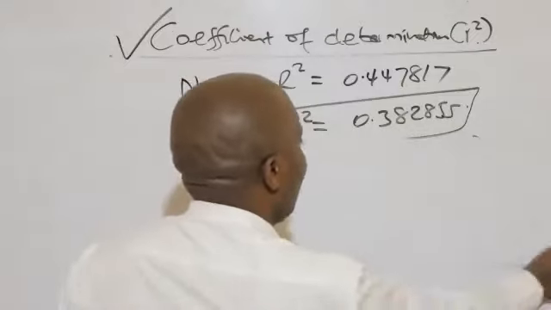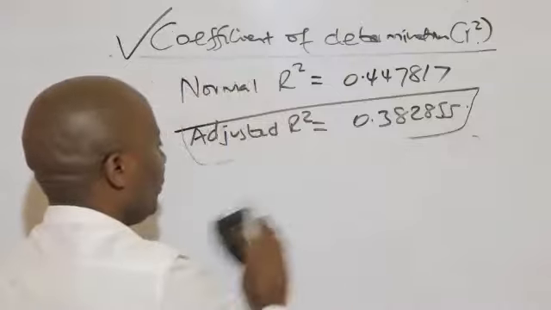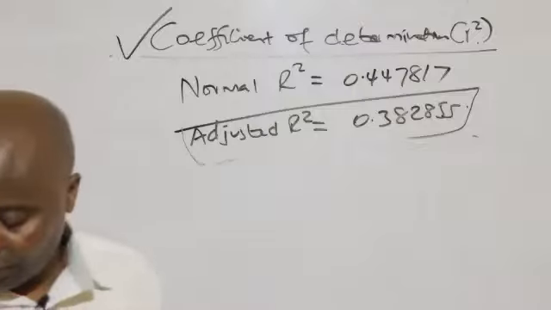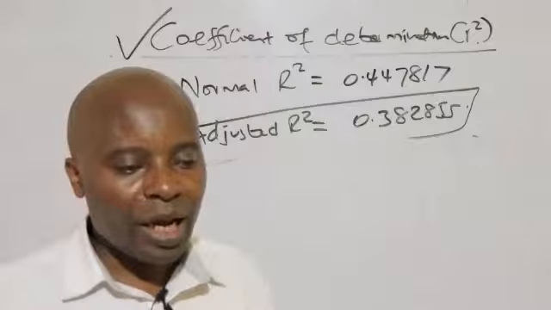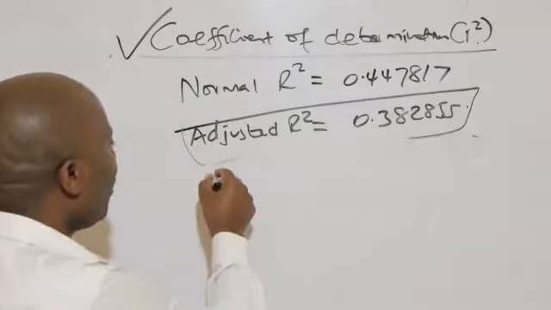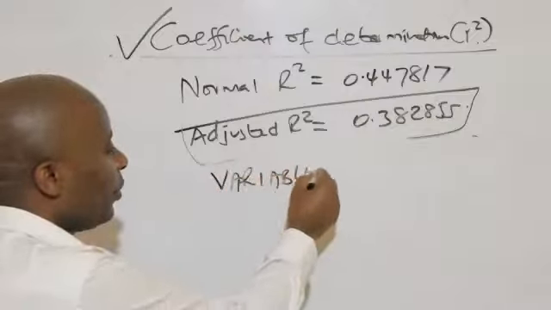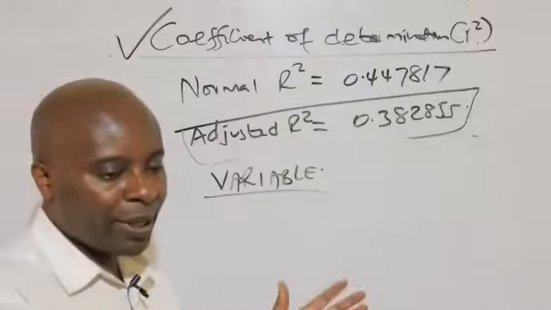So you need to practice. Now we are doing a hypothesis of the variables. I want to appraise and say whether the model is good on the basis of the variables.